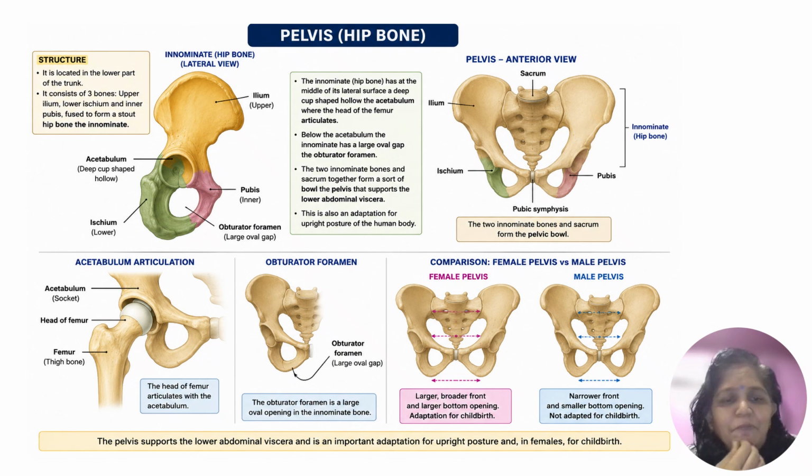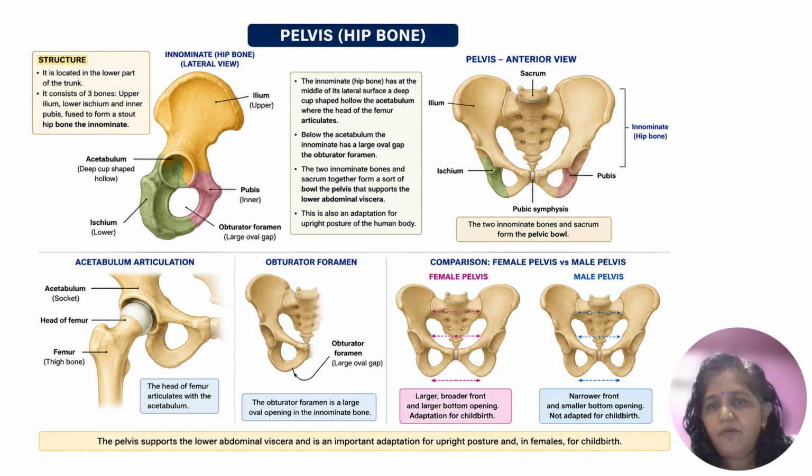Now you have a pubis region, you have a foramen. As I have already told you, a foramen is nothing else, it's a cavity. You can see over here the ischium, the lower region, and the ilium has already been given over here.